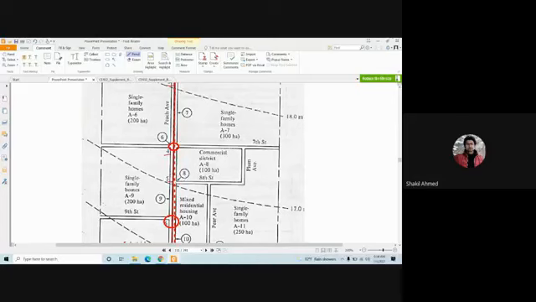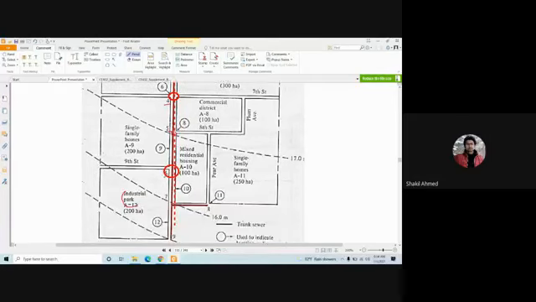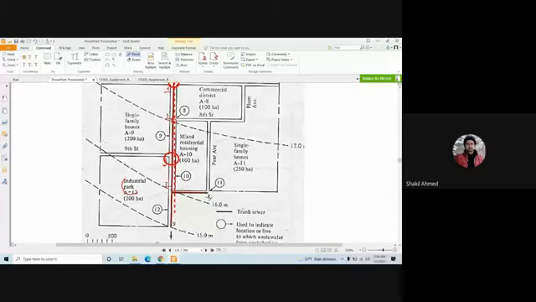This is the junction, okay? 6, 7, 8, 9. These are the junctions. So, here is the junction. These are the locations of the manholes. Preliminarily, we have set them here.